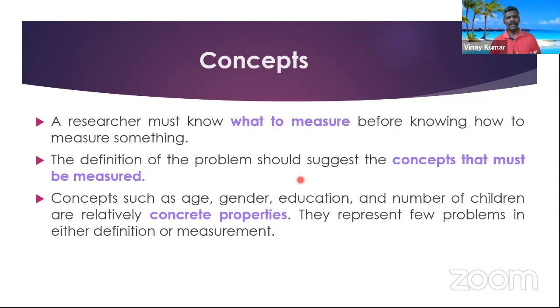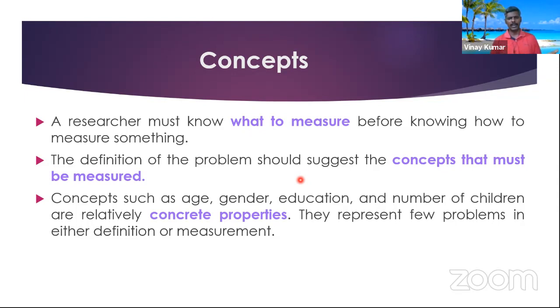They're all easily measured. For example, age, 60 years, or 50 years, or 10 years. It's easily measurable. Gender, you can give male the letter M, female the letter F, or for male you can give number one, and for female number two. So it's easy to assign the numbers, and education also.